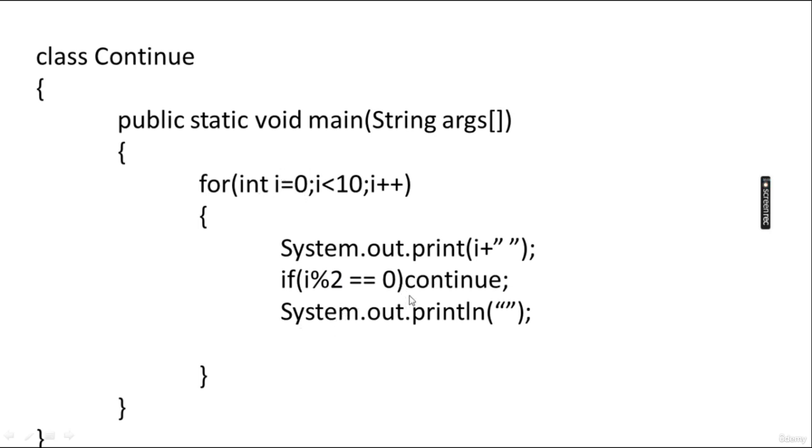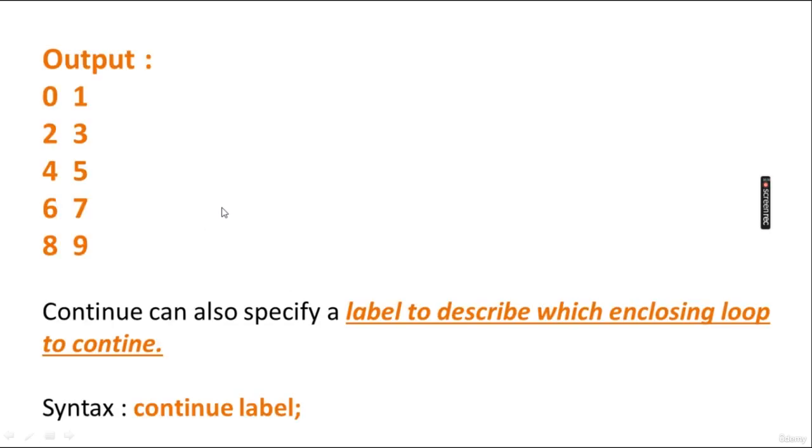Then 2 modulo 2 will be 0, 3 modulo 2 will not be equal to 0. So every time i modulo 2 is equal to 0, I will need to continue, and for that purpose I will use this continue. After continue, the remaining statement will not be executed. It will continue from the start of the for loop. Output of this is 0, 1, 2, 3, 4, 5, 6, 7, 8, 9.